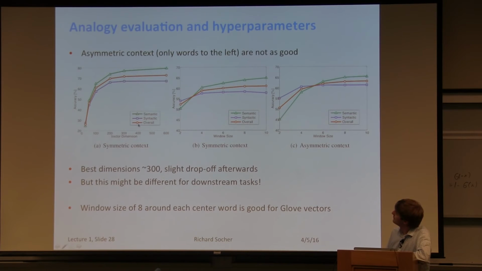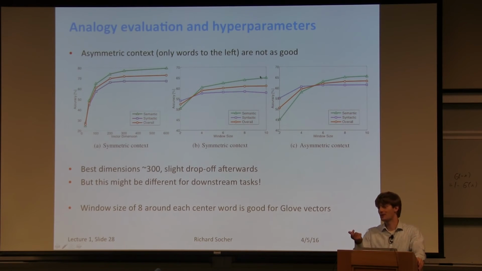And we see that as we go to higher and higher dimensions, at some point it levels off and doesn't really improve. Between 300 and 600, there's almost no gain anymore, and hence it doesn't make sense to go much beyond 600.